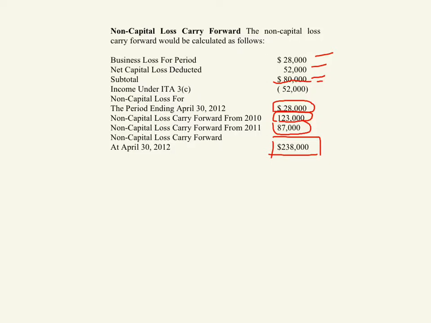We can still carry forward and set off this non-capital loss in the future to the extent of business income from the same type of business. In this case, this business was providing cleaning services, so I have to make sure I have future income from the cleaning service business.